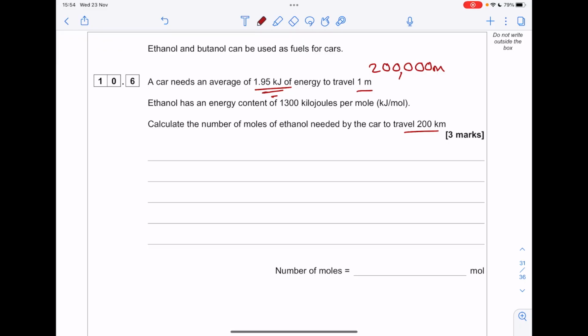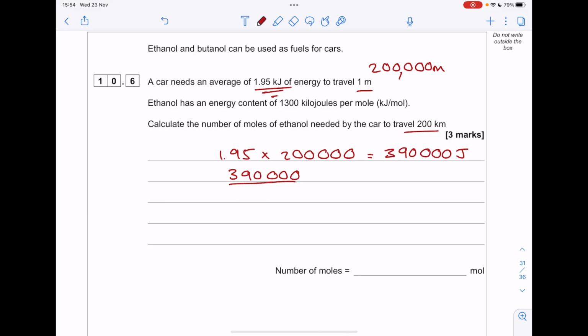So therefore, how much energy is needed to travel that 200,000 metres? Well, we take the 1.95 and multiply it by 200,000 to get 390,000 kilojoules. And therefore, if ethanol has an energy content of 1300 kilojoules per mole, we take the number we just calculated, divide it by 1300 to get a value of 300 moles of ethanol needed.